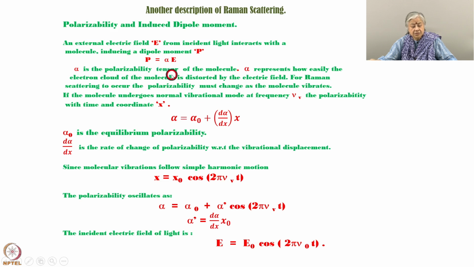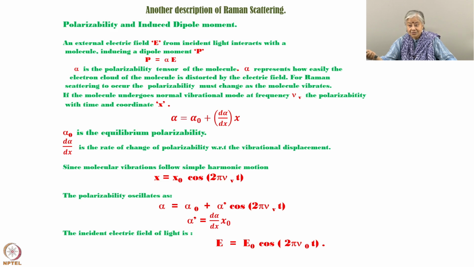So, consider a liquid or gas phase, with the polarizability tensor of the molecule, where alpha represents how easily the electron cloud of the molecule is distorted by the electric field. You know the electron cloud is getting distorted, but how much is the distortion?